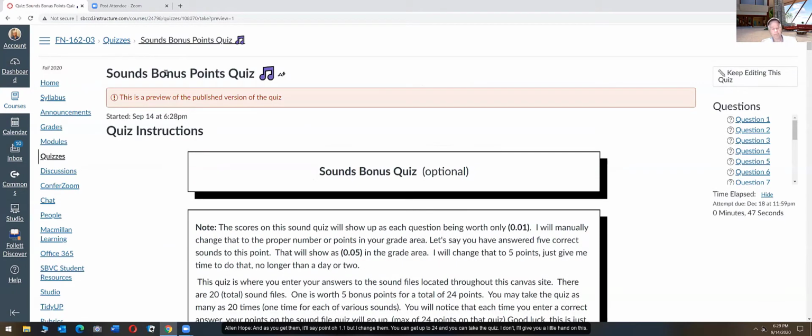And as you get them, it'll say 0.01, 0.01, but I change them. You can get up to 24. And you can take the quiz. I'll give you a little hint on this. Like, how did this one guy get all 24 points all at once without listening to any of the sounds? I'd rather you not do this, but he just started guessing, because you can take it 20 times.